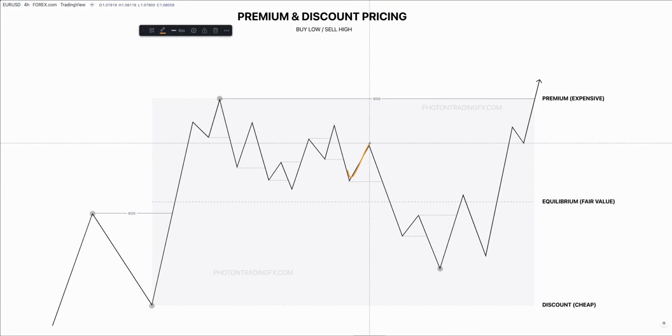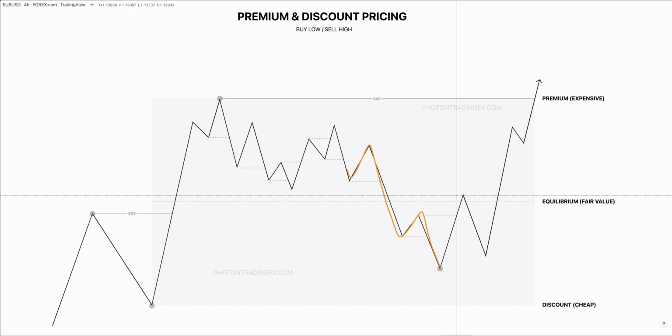So you can follow the internal structure. Now, it depends on you how much confidence you want to wait for, whether you want to start getting long straight away or whether you want to wait for the internal structure to shift bullish, all of these things. We'll get into that at a later point, okay? For how you want to be as a trader and what confirmations you want to wait for. For now, just think about this as a piece of confluence and it's just probabilities. That's all I want you to understand at this moment.